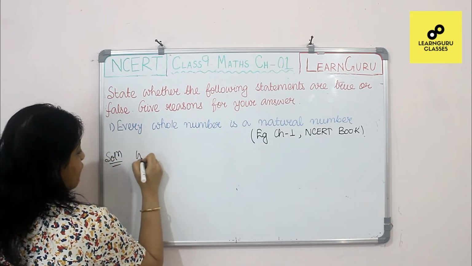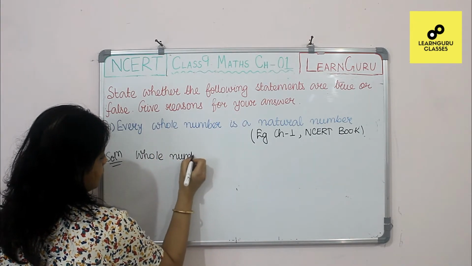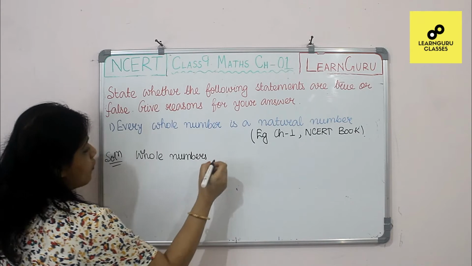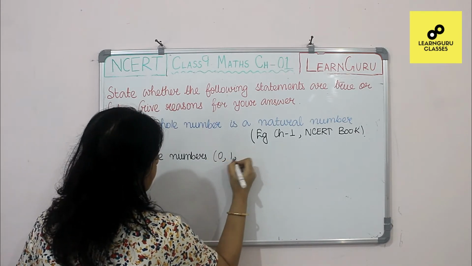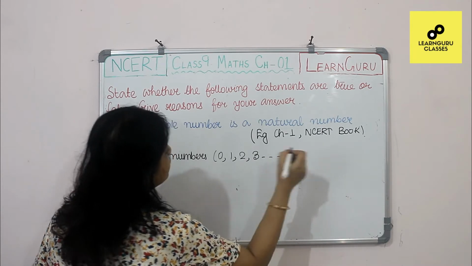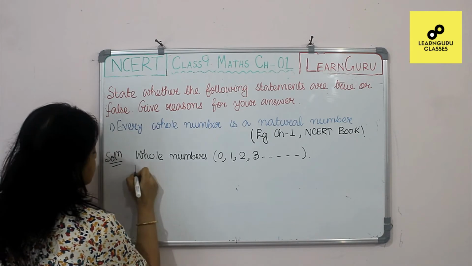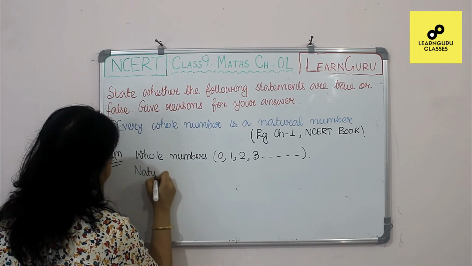What are the set of whole numbers? The set of whole numbers are 0, 1, 2, 3 and the list continues till infinity. What are the set of natural numbers?